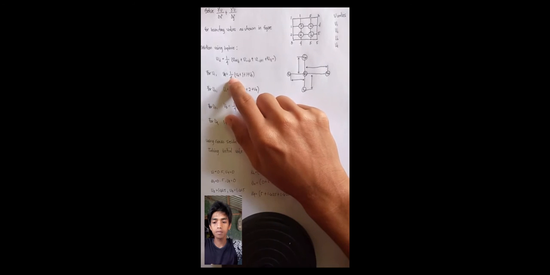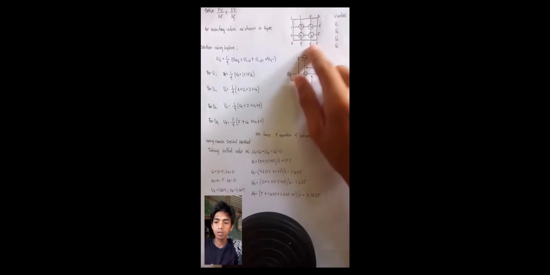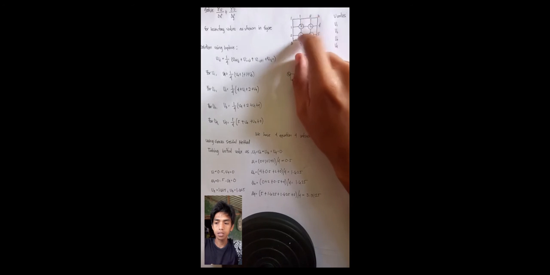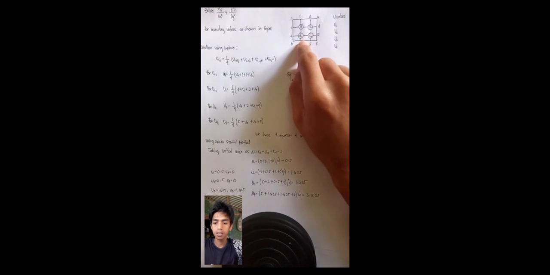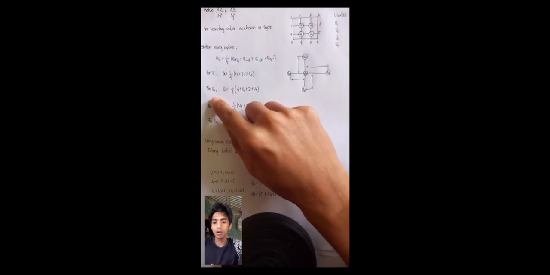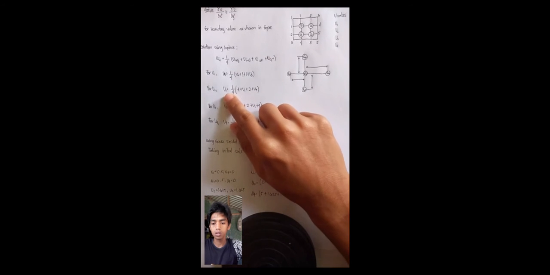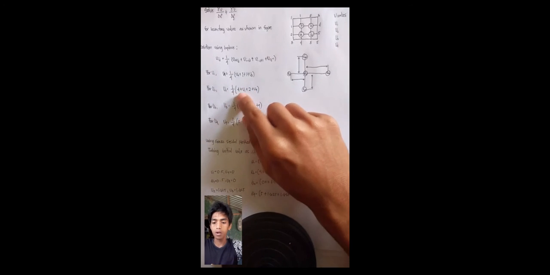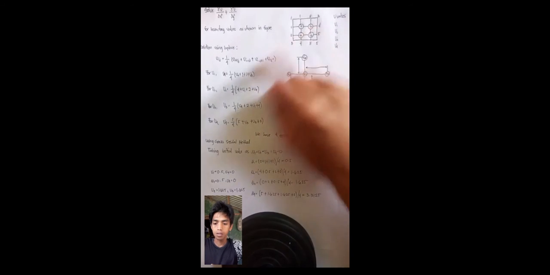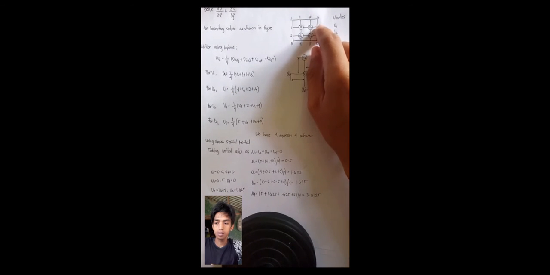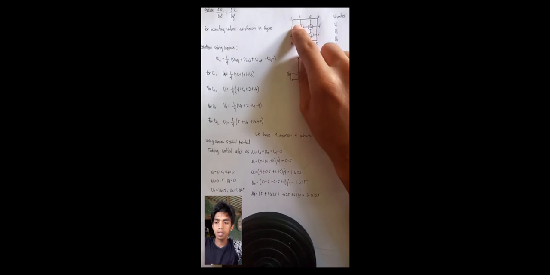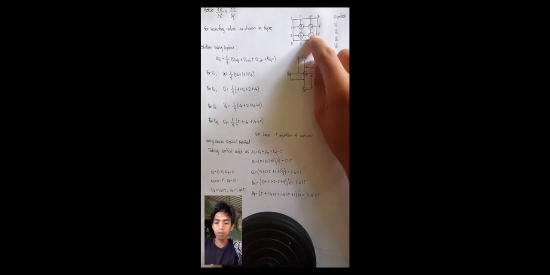u1 is equal to 1/4 times u2 plus 1 plus 1 plus u3. And for u2, 1/4 times 4 plus u1 plus 2 plus u4.